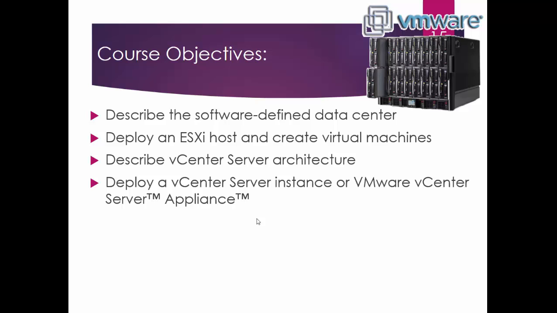But we're going to talk in detail about the differences between the two and why we prefer the Windows-based over the appliance-based. Many companies are using the appliance-based as well, but you will see that it's much easier to have it on top of a Windows machine. Use vCenter to manage an ESXi host.